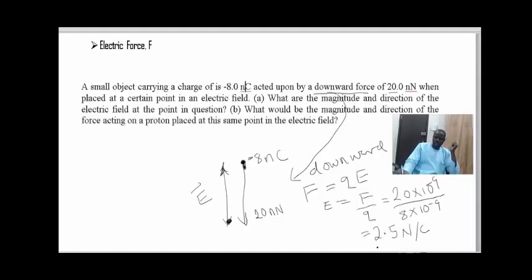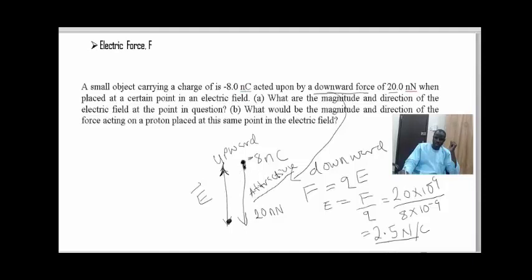This is the magnitude of the electric field, and the direction is upward, meaning the source of the electric field is a positive charge, which creates an attractive force between the positive charge down here and the negative charge.